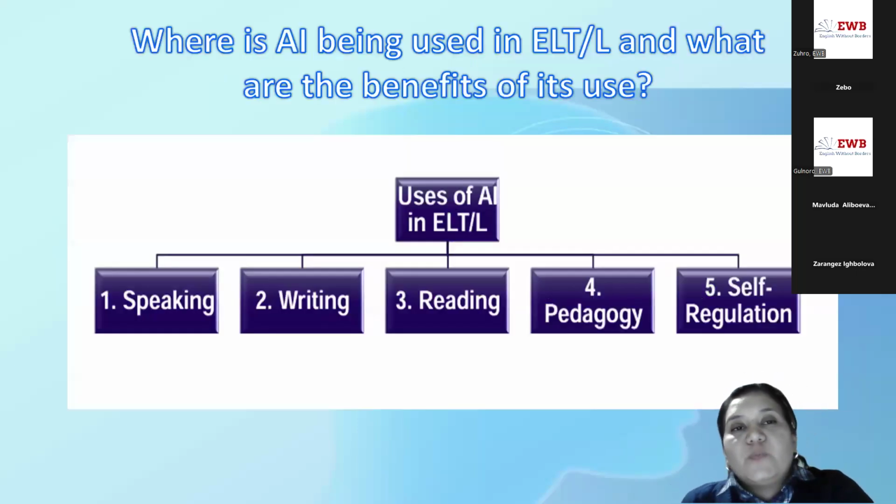Okay, in this presentation you can see that in speaking, writing, reading, and self-regulation pedagogy, we can use artificial intelligence tools. In speaking, artificial intelligence helps to improve pronunciation and enhance the vocabulary of the students.